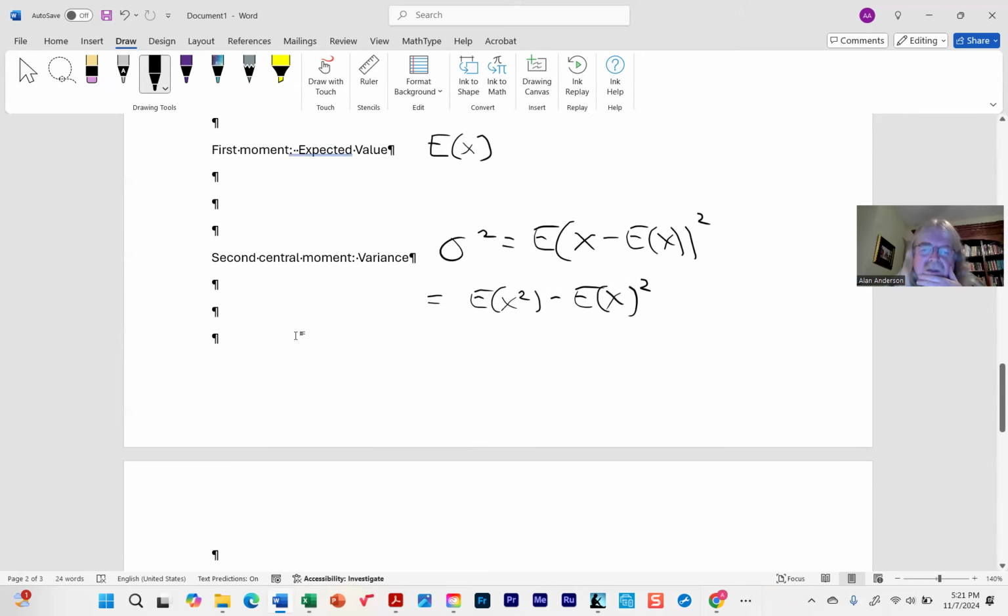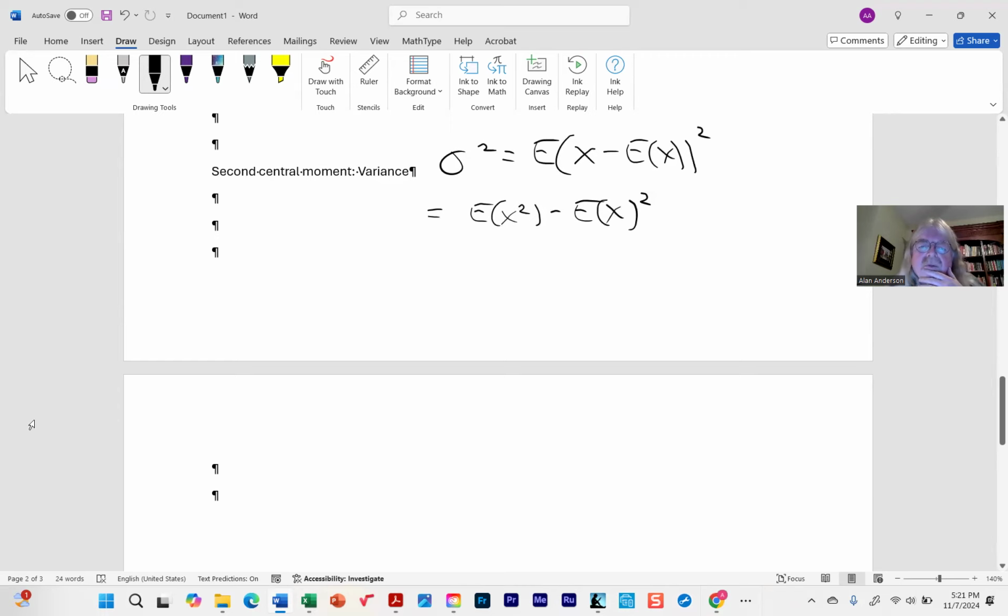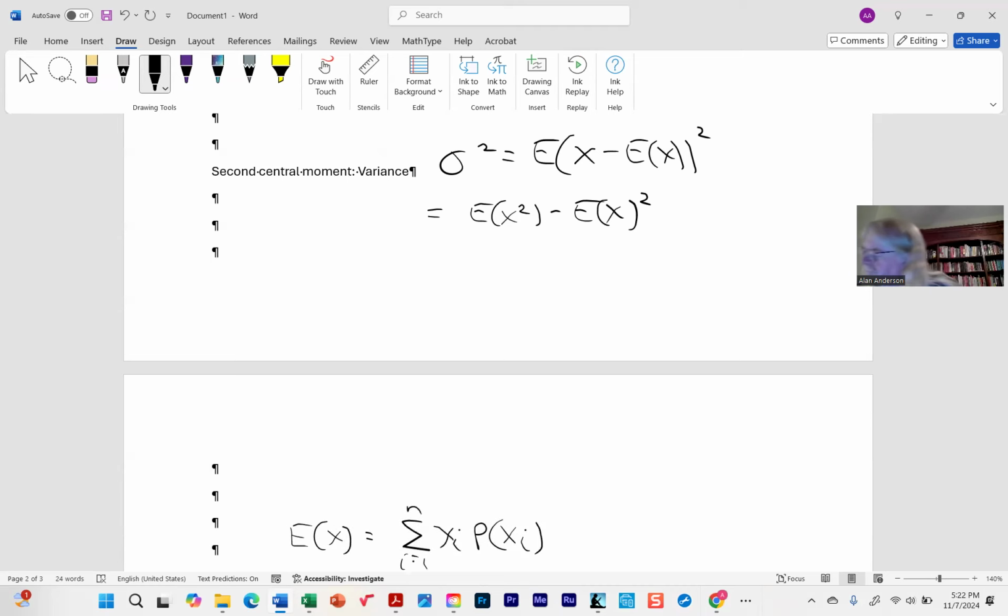Now, by the way, how do we get to these numbers? Well, let's say that we have a discrete distribution. Expected value comes from taking all the possible values of X and multiplying by their corresponding probabilities. If we have a continuous distribution, we're basically doing the same thing, only with integration.